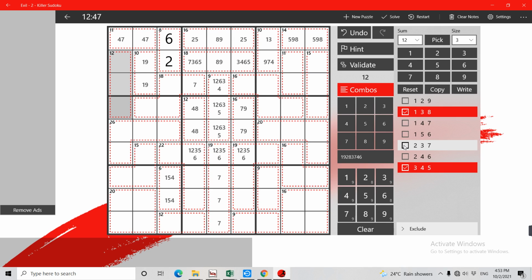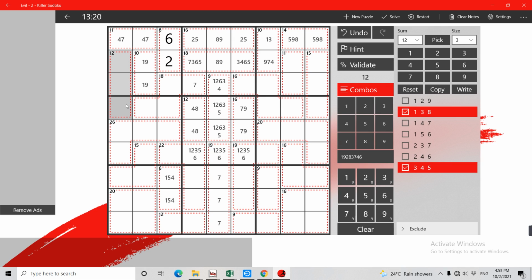Then anything which is 3, 4, 5. 3, 4, 5 is possible. 1, 3, 8 is also possible. So if I have to enter 3, 4, 5, I'll enter 4 here because 4 is not possible in these two boxes.